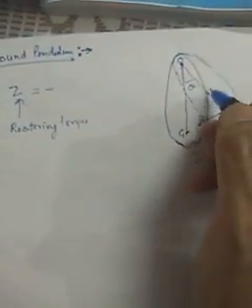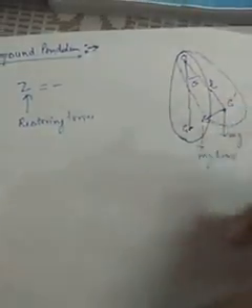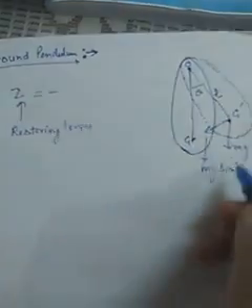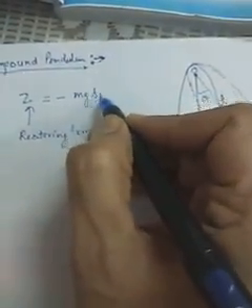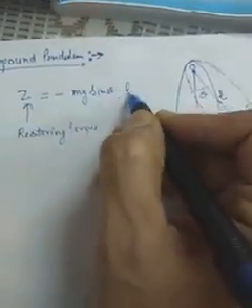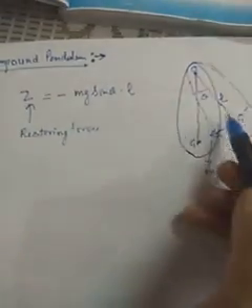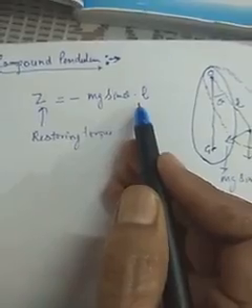The force arm, let that be represented by small l. This length is small l. Then we can write it as mg sin theta, the restoring force, multiplied by the length l, the force arm, and that is your torque in this case.